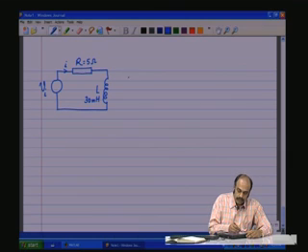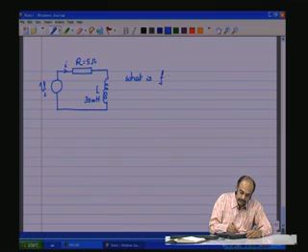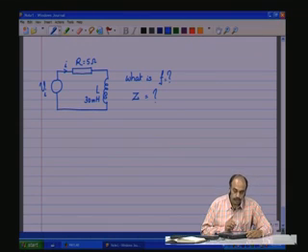Now, the question is, what is the frequency f of the source, and also what is the impedance Z? So, how do we go about doing this?